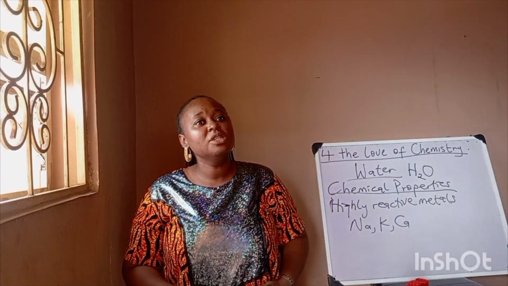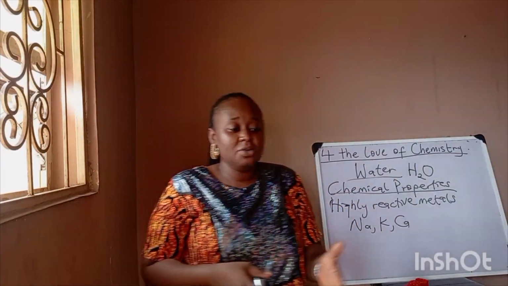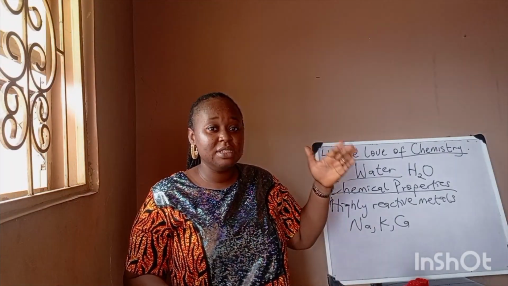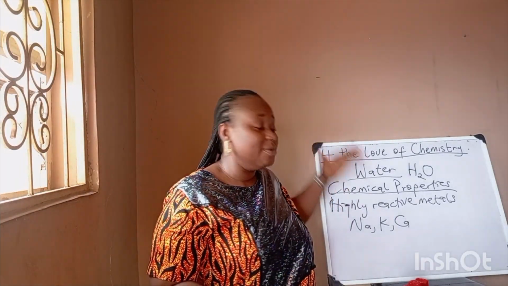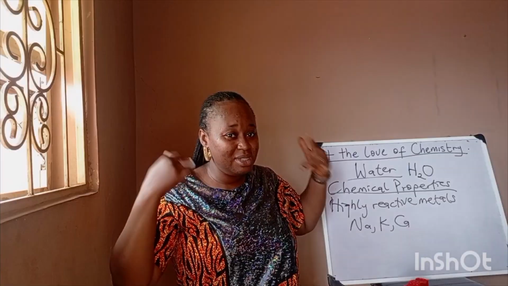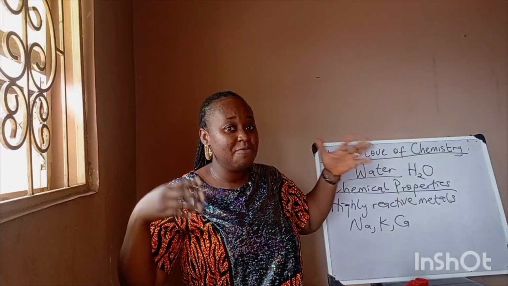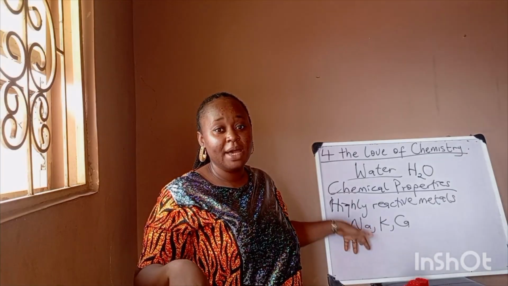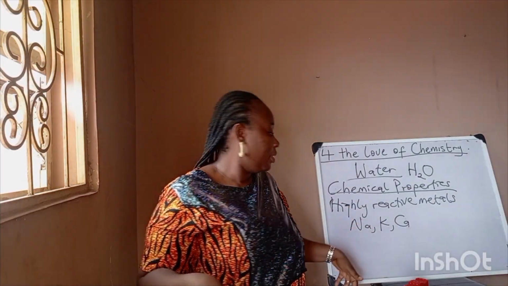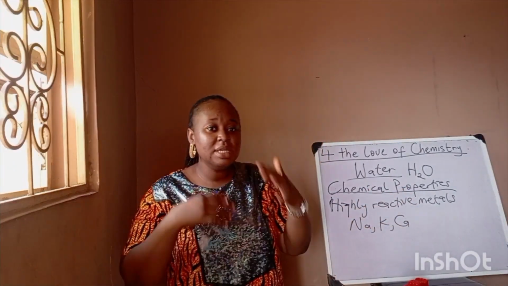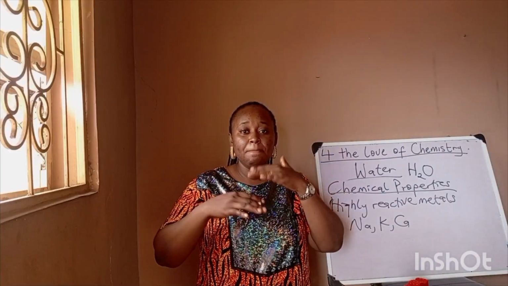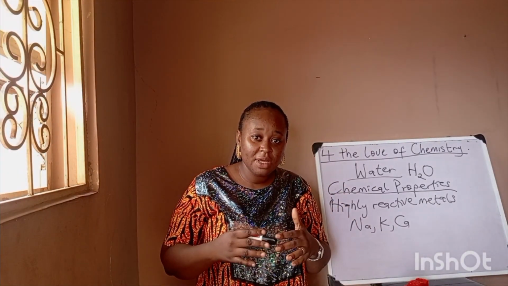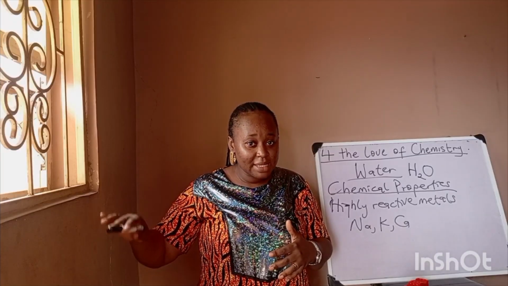And if I'm reacting this water with a particular type of element, you already know if you've seen your activity series, you see sodium and the rest, just note it. Sodium and potassium are very reactive. In the first 20 elements, potassium is the most reactive, followed by sodium. So you see that these three elements are the most reactive compared to other metals.